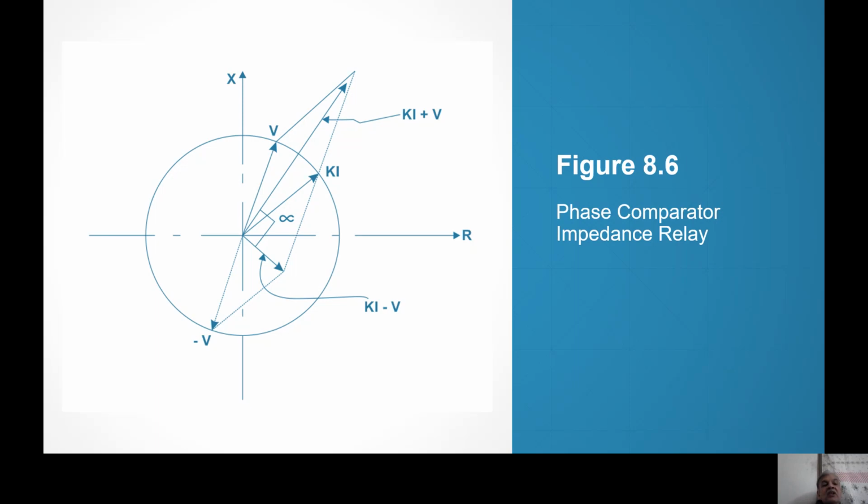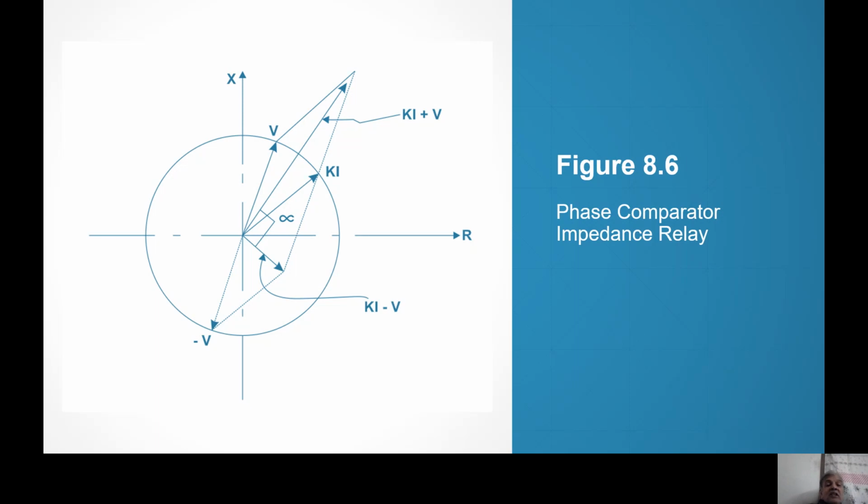And V is the voltage measured by the PT, that means the voltage from the relaying point to the fault point. I am comparing these two vectors, because current is a vector, voltage is a vector. So you can see Ki and V.